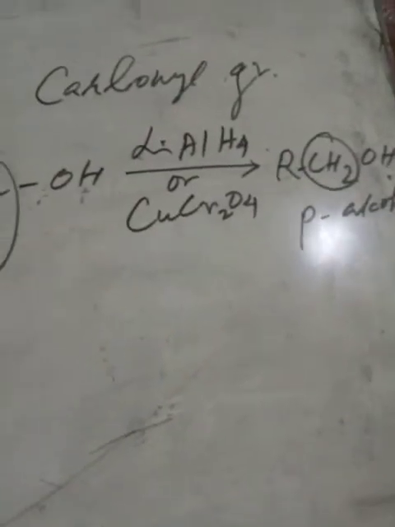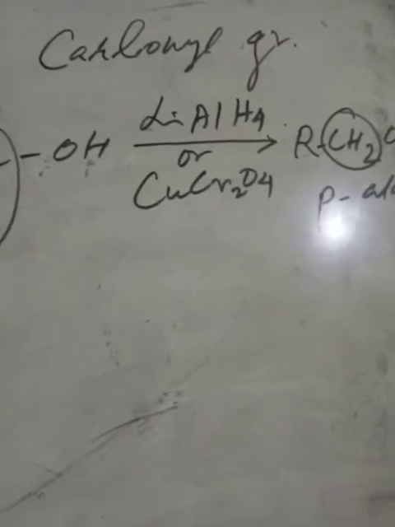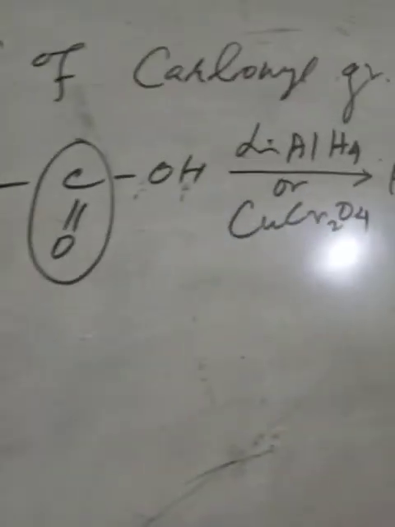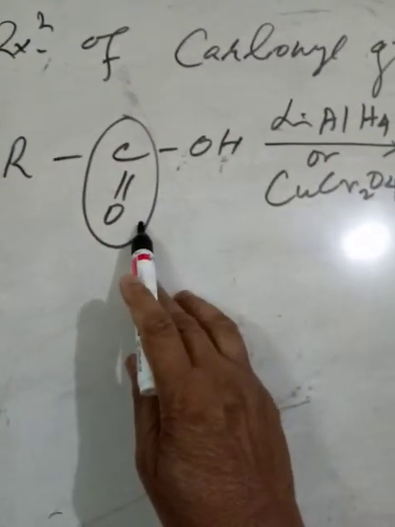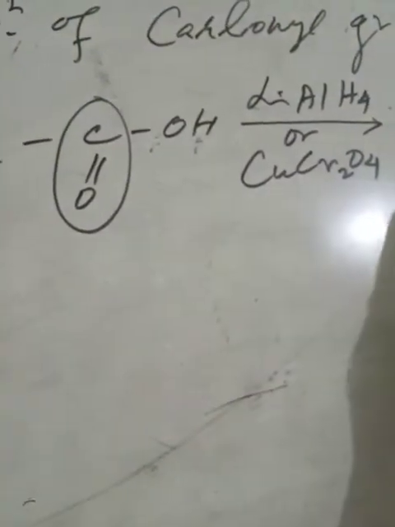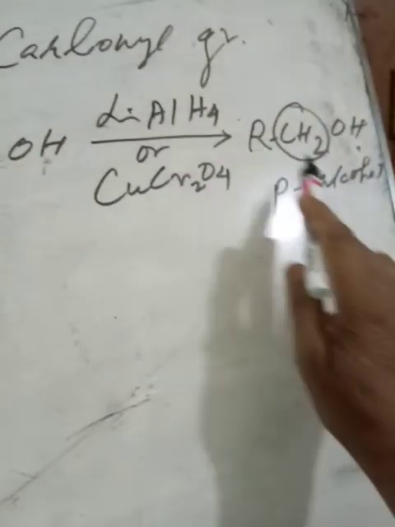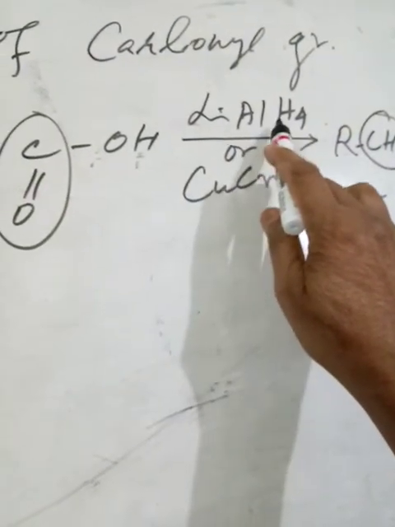This type of reaction, where carbonyl group is reduced to methylene group, also takes place in the carbonyl reaction called Clemmensen reduction. Here in carboxylic acid, the carbonyl group is reduced to methylene group, and you are getting primary alcohol by lithium aluminum hydride as reducing agent or copper chromite.